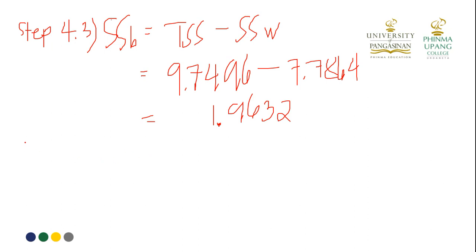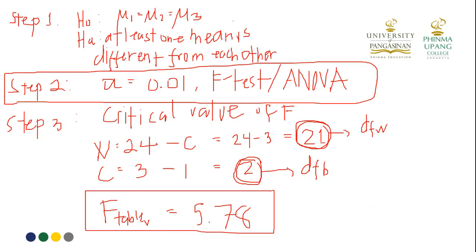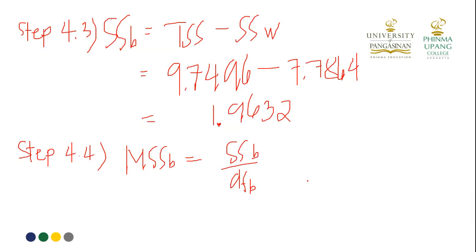Next. Step 4.4, the mean of the summation of your B between is equivalent to SSB ng DFB. Di ba sinabi ko sa inyo kanina na ang DFB is 2, ang DFW is 21. Kung ilan yung brand, strategies, depende kung ano yung pinag-uusapan, no? So, simple lang po yan.